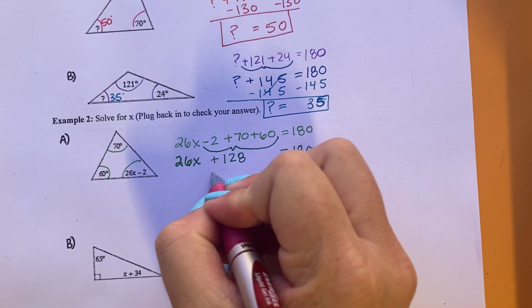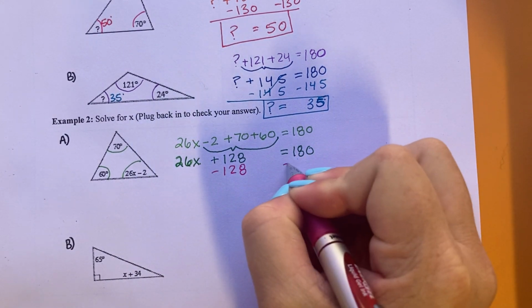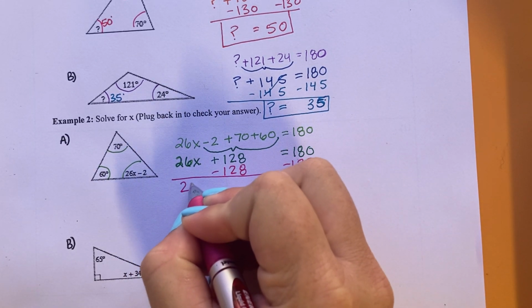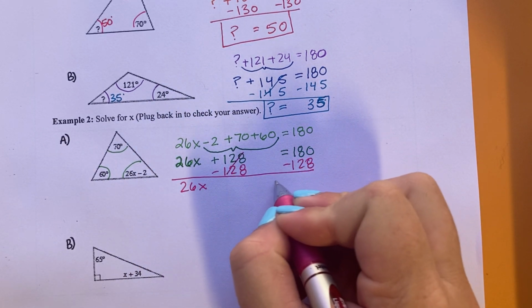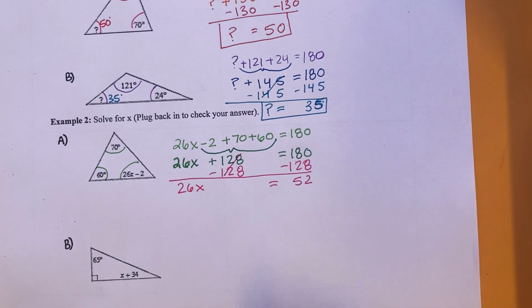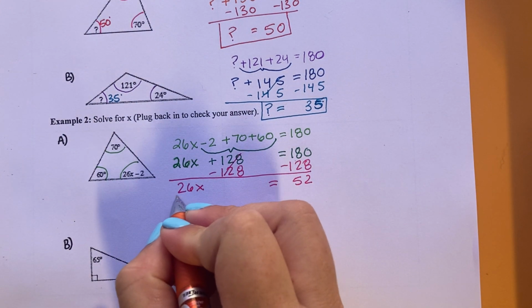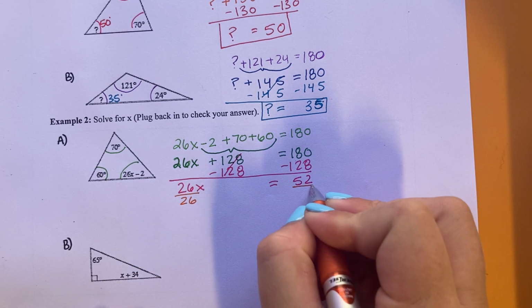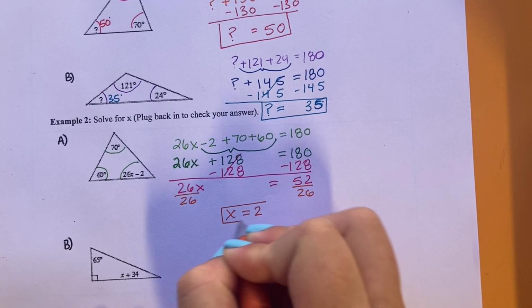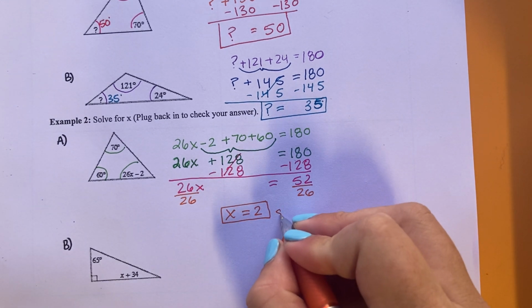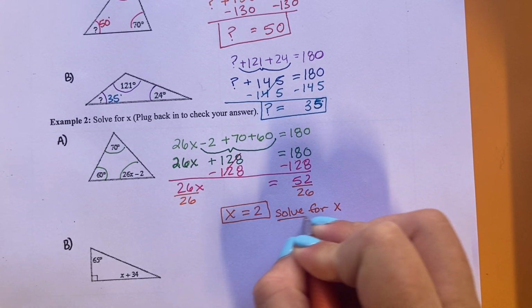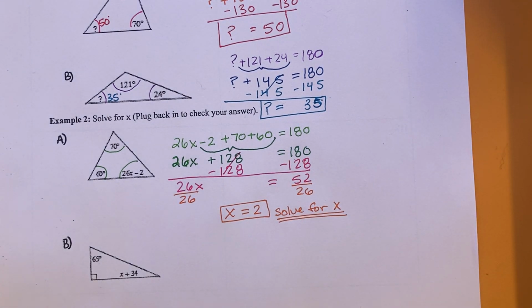We can then subtract, and then we divide to get x alone, which gives us x equals 2.